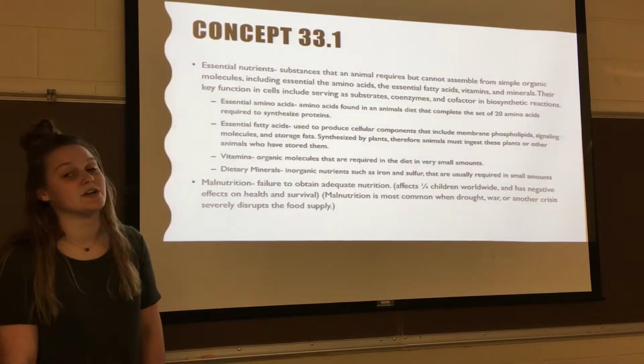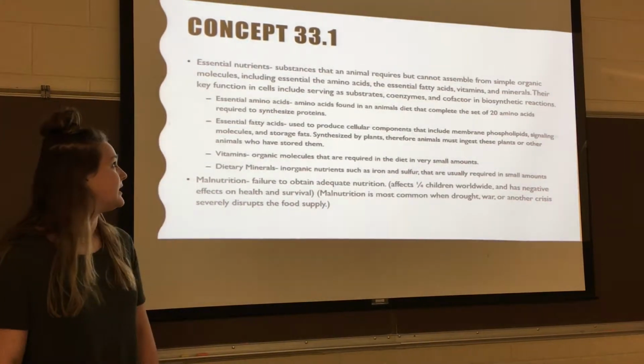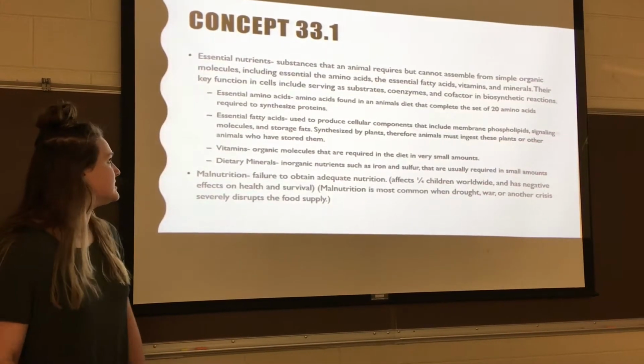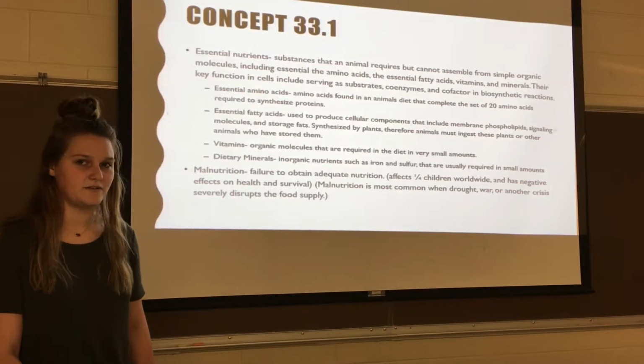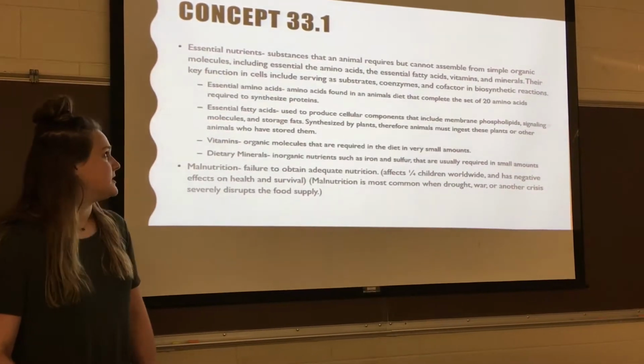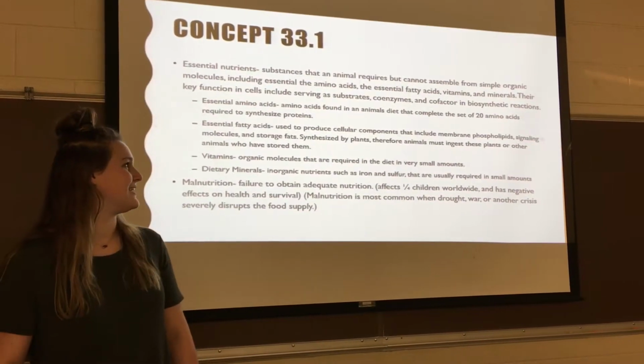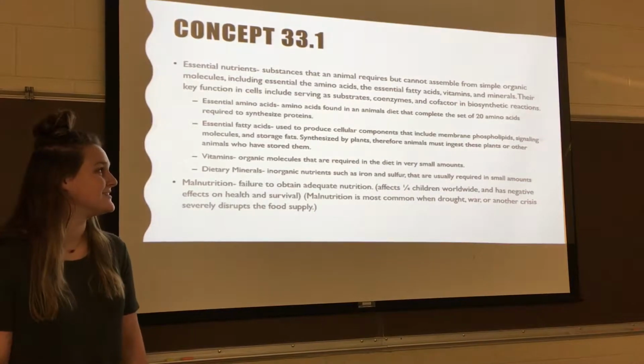Essential nutrients are substances that an animal requires but cannot assemble from simple organic molecules, including essential amino acids, essential fatty acids, vitamins, and minerals. Their key function in cells includes serving as substrates, coenzymes, and cofactors in biosynthetic reactions.